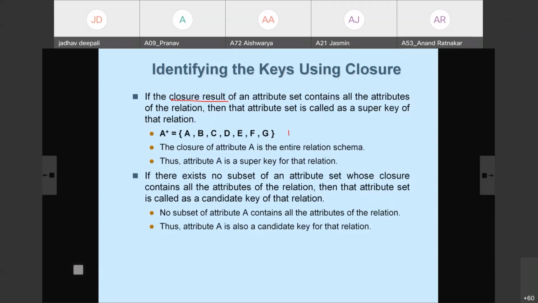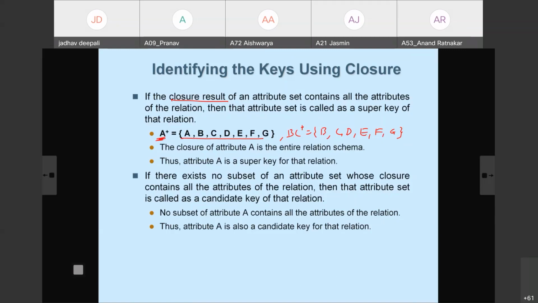So BC closure that we identified, I am going to write here B, C, D, E, F, G. So both closures we identified. Among that, A closure contains all the attributes of the relation. BC closure does not contain all the attributes; it contains other attributes. But when we calculate A closure, it contains all attributes of the relation.